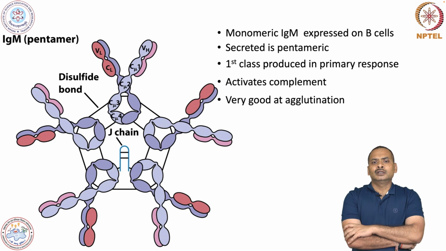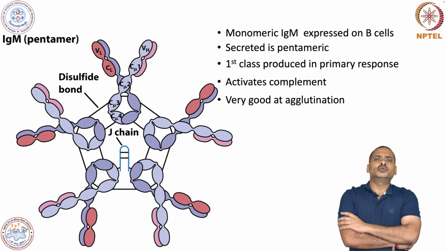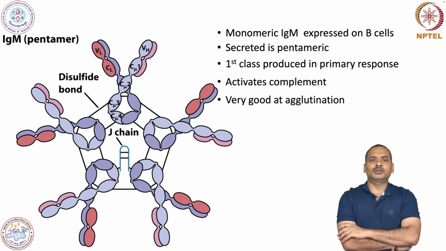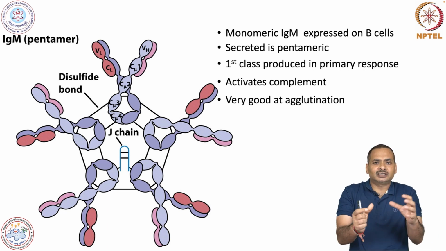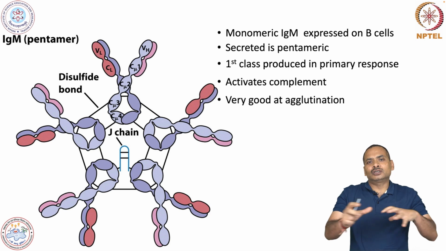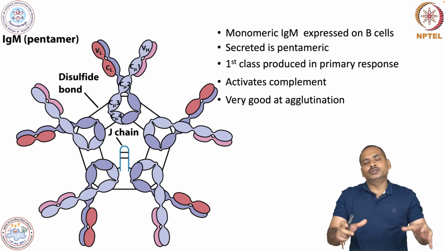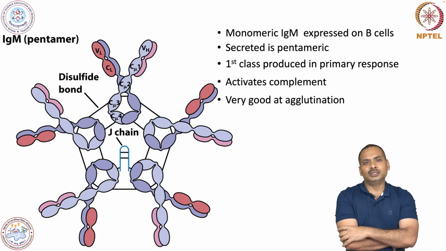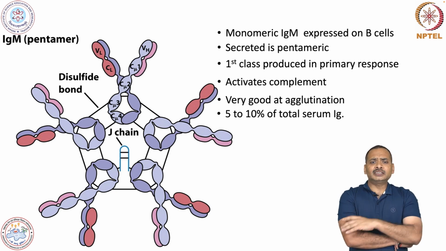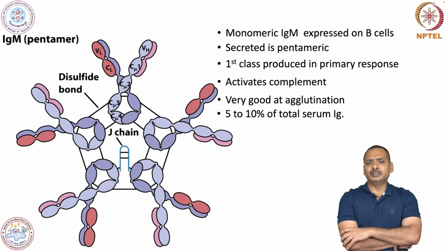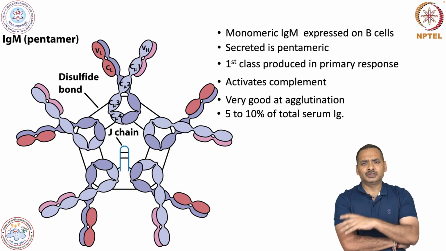It has a very good agglutination property. Agglutination is something like it will cross link several molecules and make a kind of clump, or agglutinin. And IgM constitutes about 5 to 10% of total serum immunoglobulin.